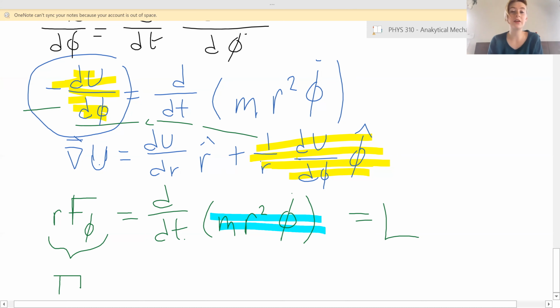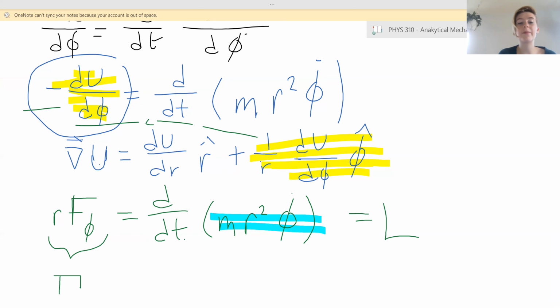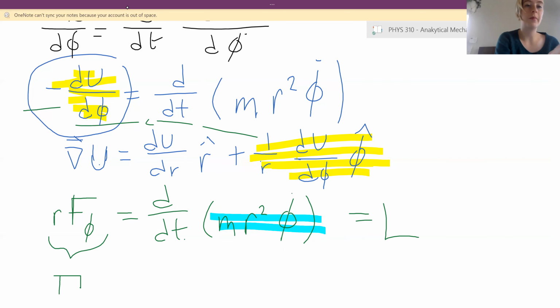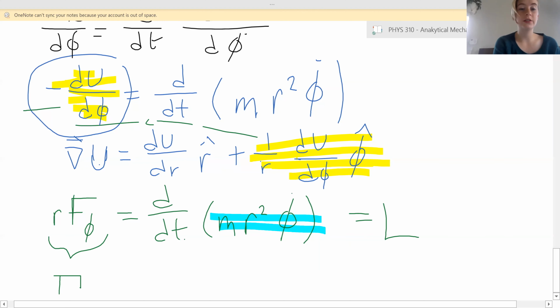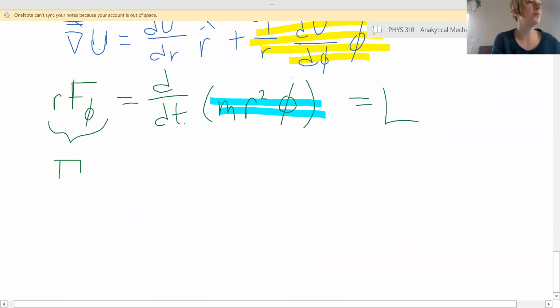So what we get here is that we can read it as torque equals the change over time of the angular momentum, which is something we know to be true.